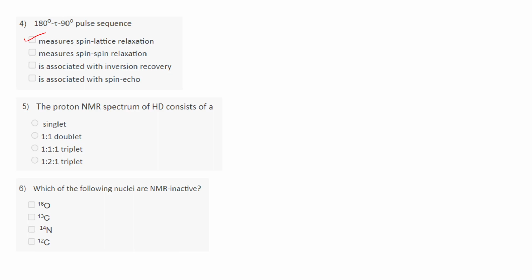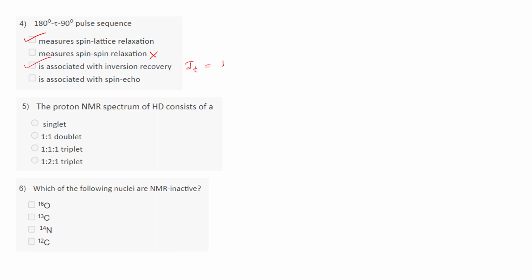Now what about the other options? It is not a spin relaxation, right? So I'll cut this. What about the inversion recovery? Yes, it is associated with the inversion recovery, and the formula I will write again.